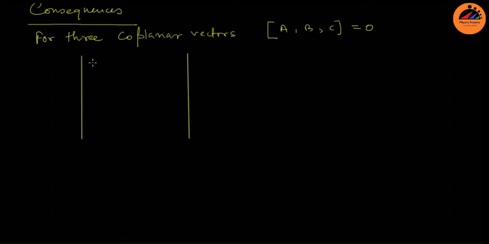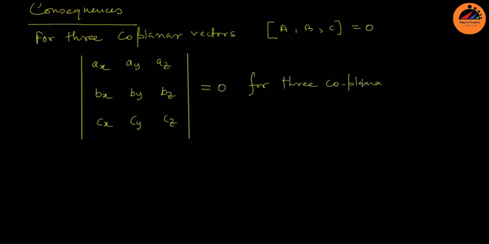So this is basically ax, ay, az, bx, by, bz, cx, cy, cz. This is equal to 0 for three coplanar vectors A, B, C.